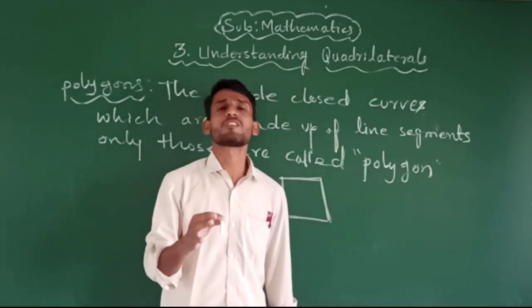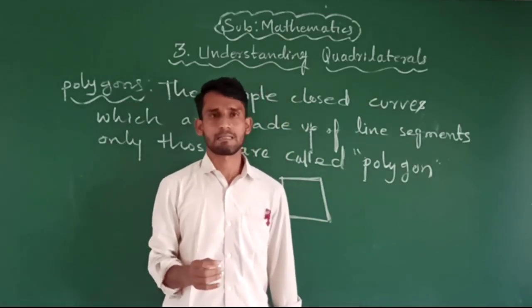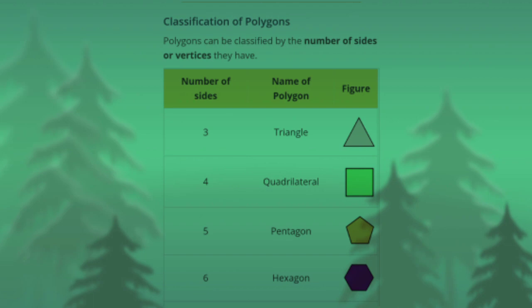You observe here the classification of polygons. Here we have triangle. See, if the number of sides is 3, we will call it a triangle. If the number of sides is 4, we will call it a quadrilateral.